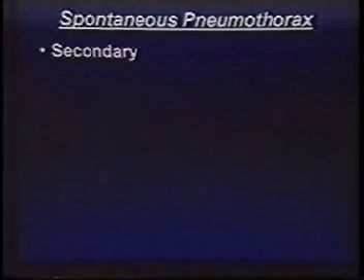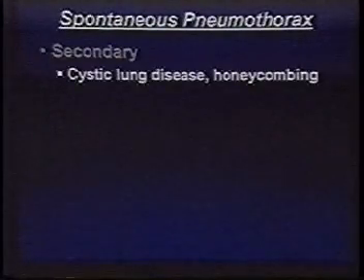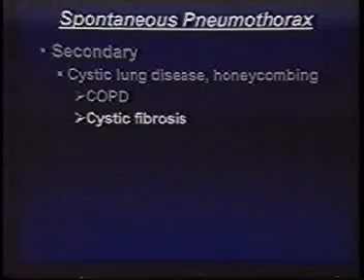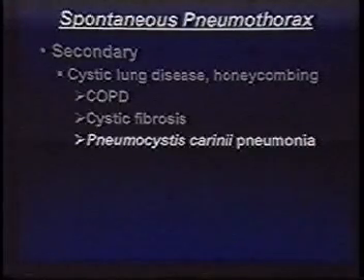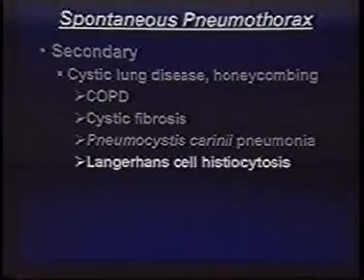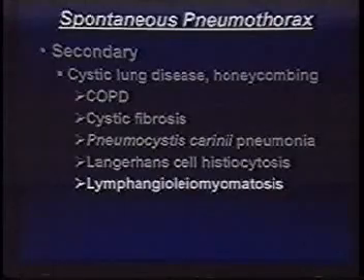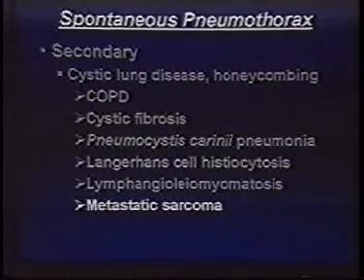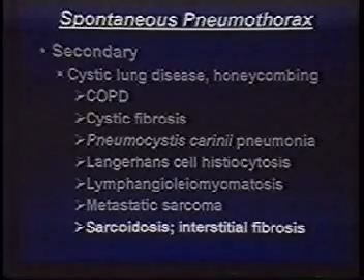Secondary spontaneous pneumothoraces generally occur in patients with pre-existing cystic lung disease or conditions that progress to honeycombing, such as emphysema, cystic fibrosis, Pneumocystis carinii, Langerhans cell histiocytosis, lymphangioleiomyomatosis, metastatic sarcoma such as osteosarcomas, and sarcoidosis or interstitial fibrosis from formation of honeycomb cysts.